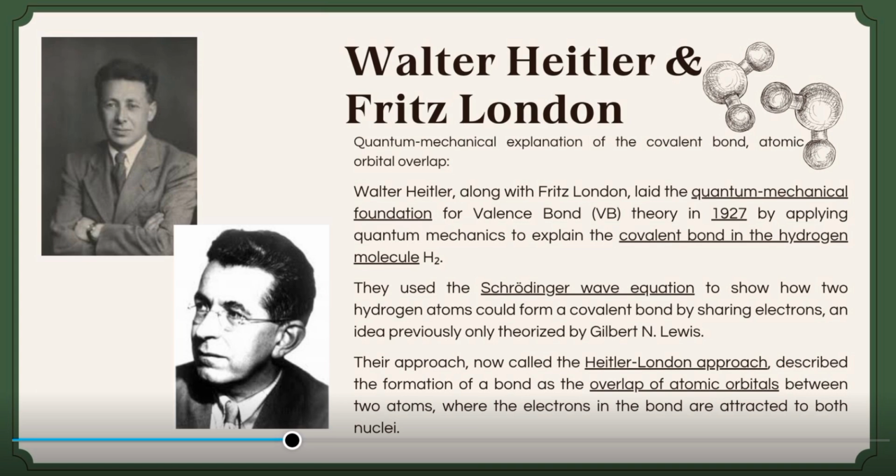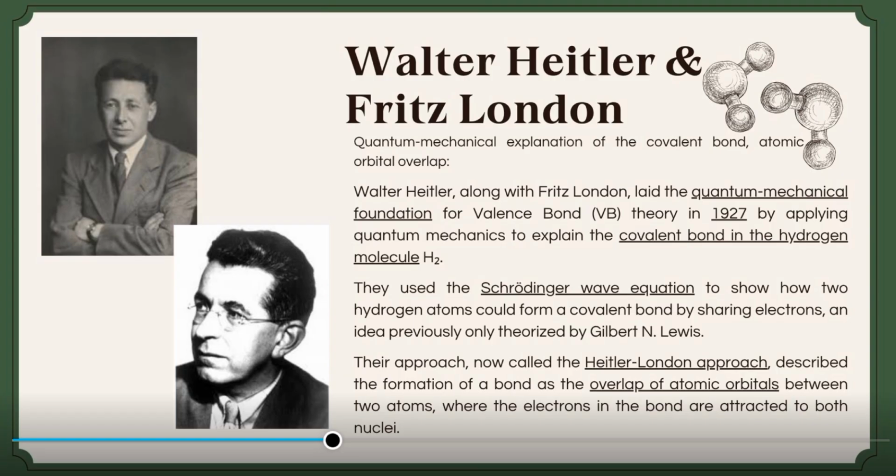Walter Heitler and Fritz London. Quantum mechanical explanation of the covalent bond, atomic orbital overlap. Walter Heitler, along with Fritz London, laid the quantum mechanical foundation for valence bond theory in 1927 by applying quantum mechanics to explain the covalent bond in the hydrogen molecule H2.